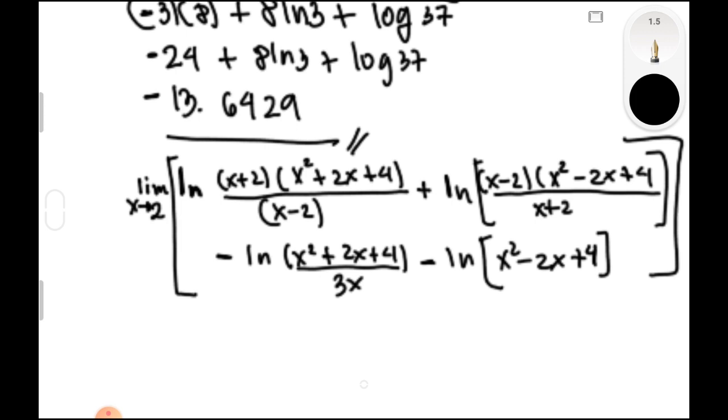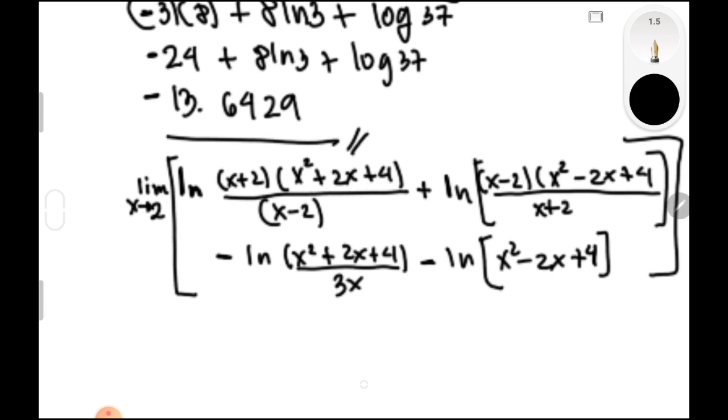Okay. So how will you solve it? So probably most of you will cancel out your x plus 2. Multiply yung x plus 2 multiplied by x squared plus 2x plus 4, and also the other one, and also our third equation.